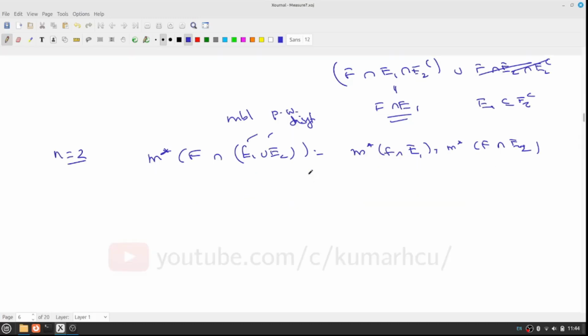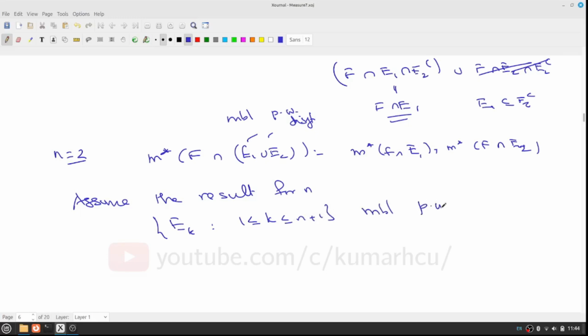Now we want to extend the result to n. Assume the result for n. So now I am given E_k, n plus 1 elements. They are measurable and pairwise disjoint.